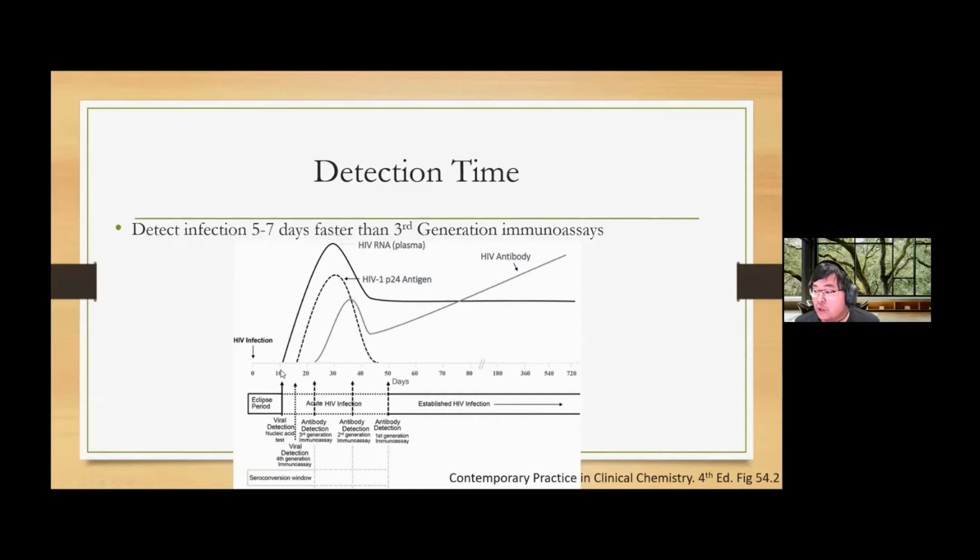With viral nucleic acid tests, we can detect it in about day 10. It's about day 18 for the 4th generation immunoassay, the P24 core protein. And with just antibodies, it takes about 22 to 23 days to detect it.